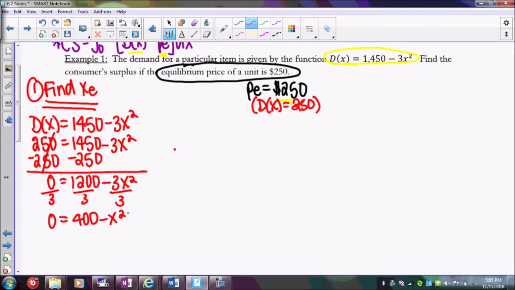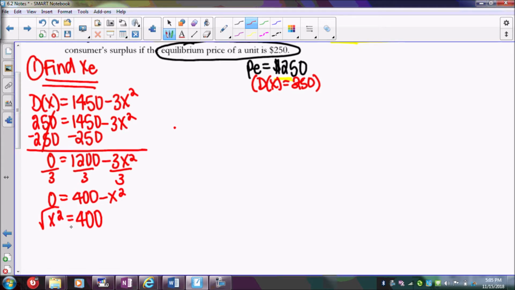At this stage, you have options. You can do difference of perfect squares factoring, since you have two perfect squares. Or we can just bring the x squared over, whichever way, and solve for x. I'm going to bring that x squared over so it's positive, and then square root both sides.